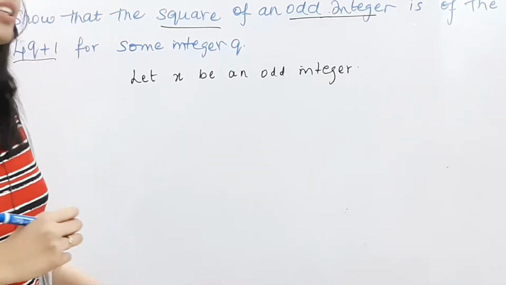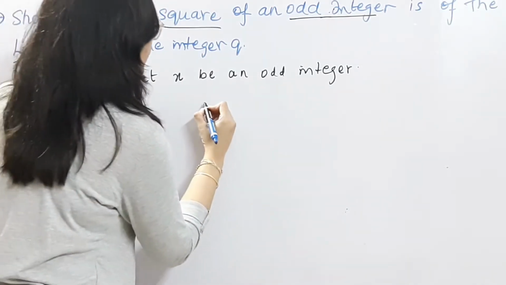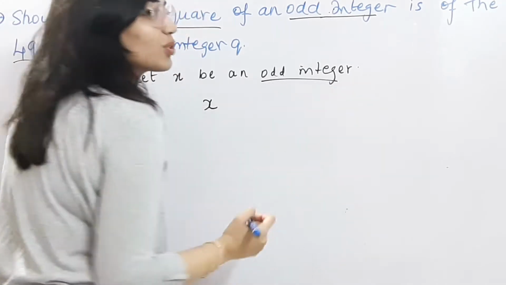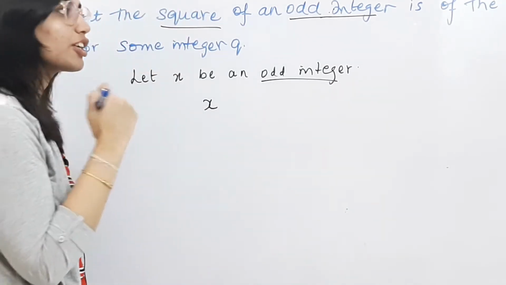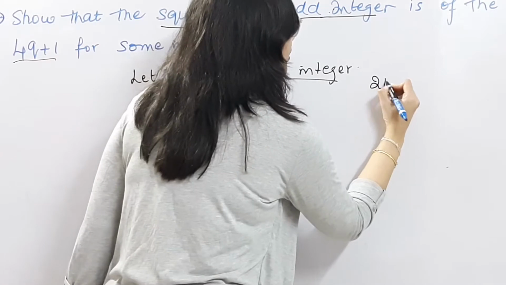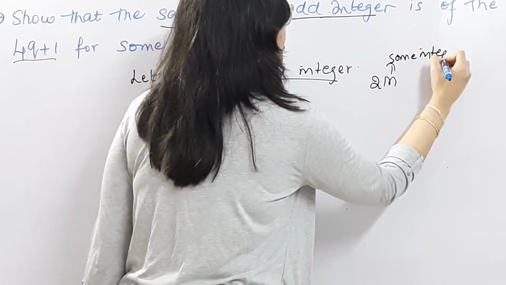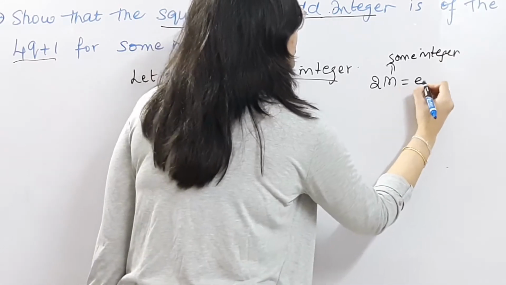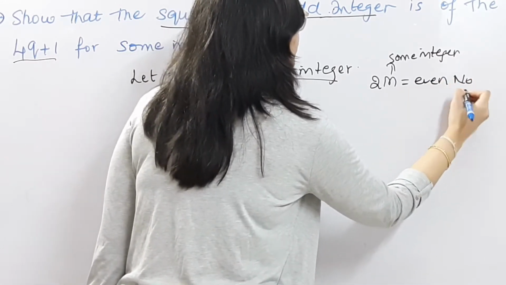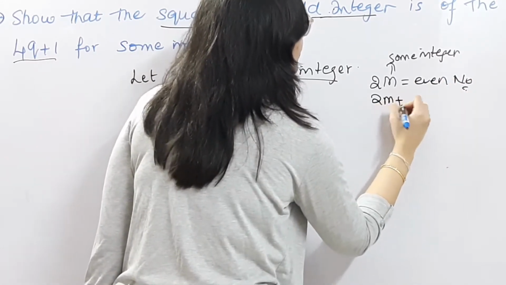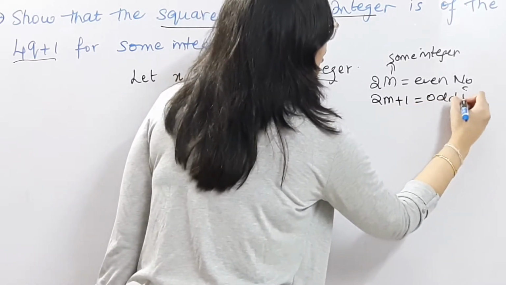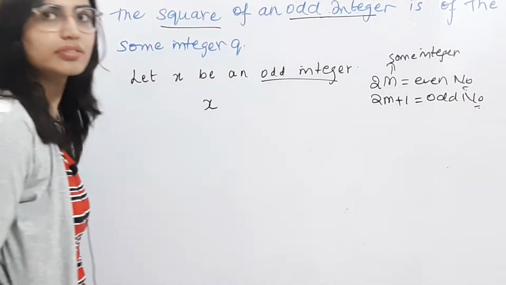Okay, x is an odd integer. Then you know from question 1 that we've done, the first application, that if you take m as some integer, then 2m is an even number and that integer, if it's of the form 2m plus 1, is an odd number, right?